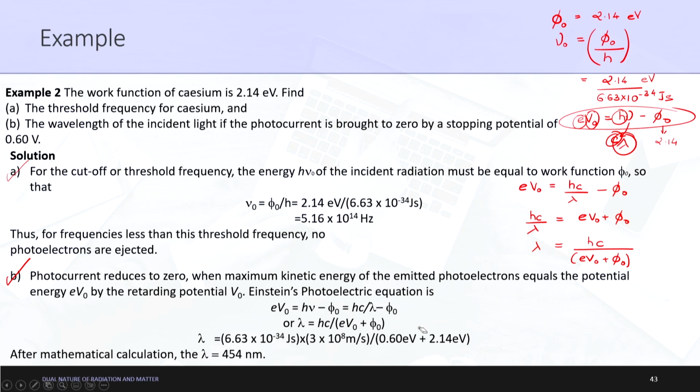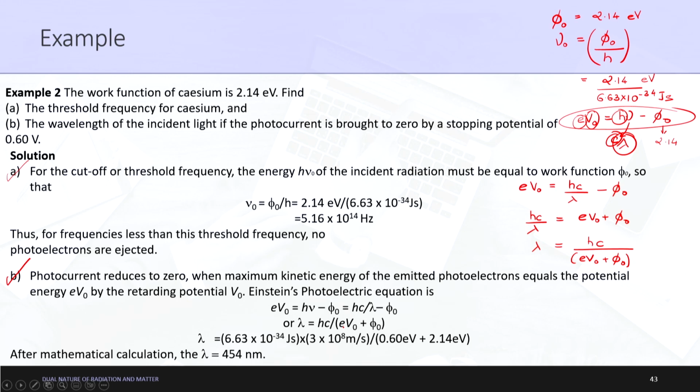Just put in the terms. You know the value of h, that is 6.63 into 10 to the power minus 34 joule second, you know the value of c, that is 3 into 10 to the power 8 meter per second, and the value of eV naught is given to you, 0.6 electron volts.